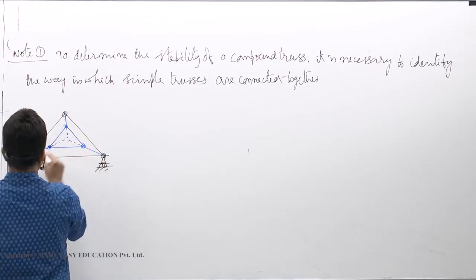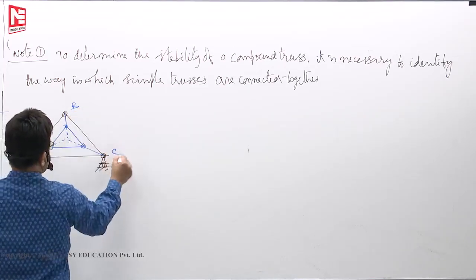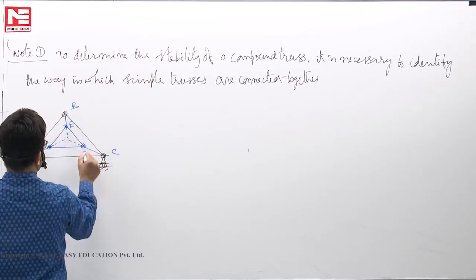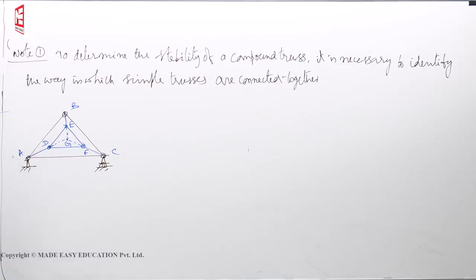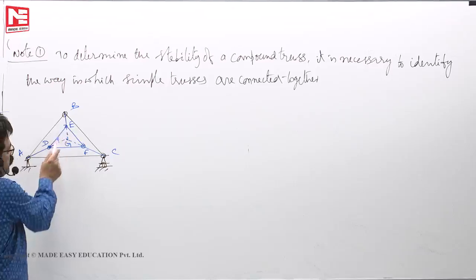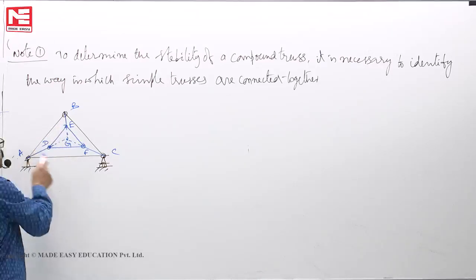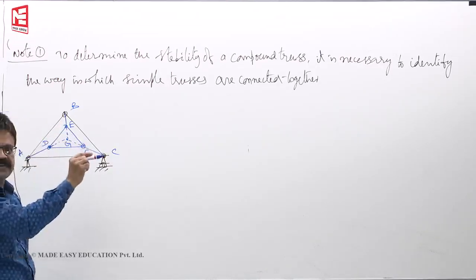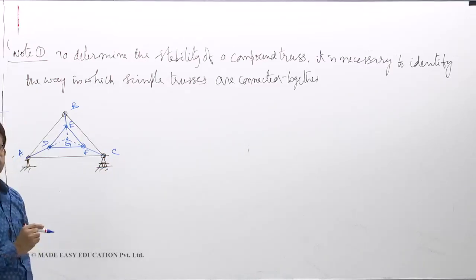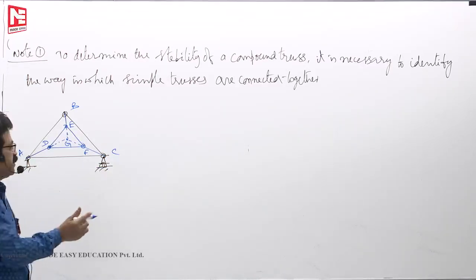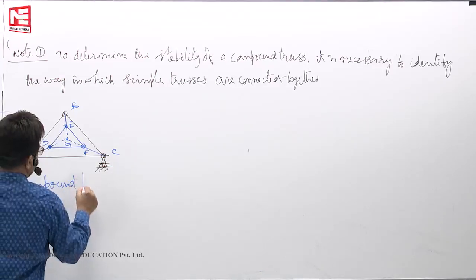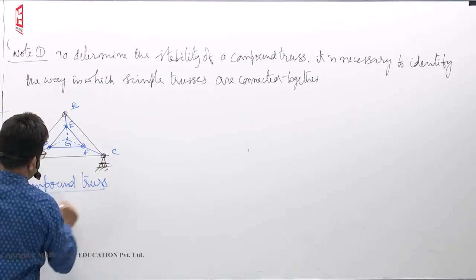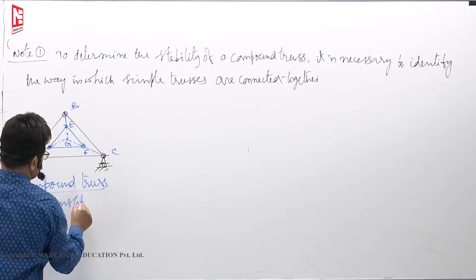This point, let us say A, B, C, D, E, F, where they meet is G, say. How they are connected together, you have to see. The blue colored truss is connected by three links, those three links are concurrent at G. That means rigid body rotation will take place. Compound truss unstable.